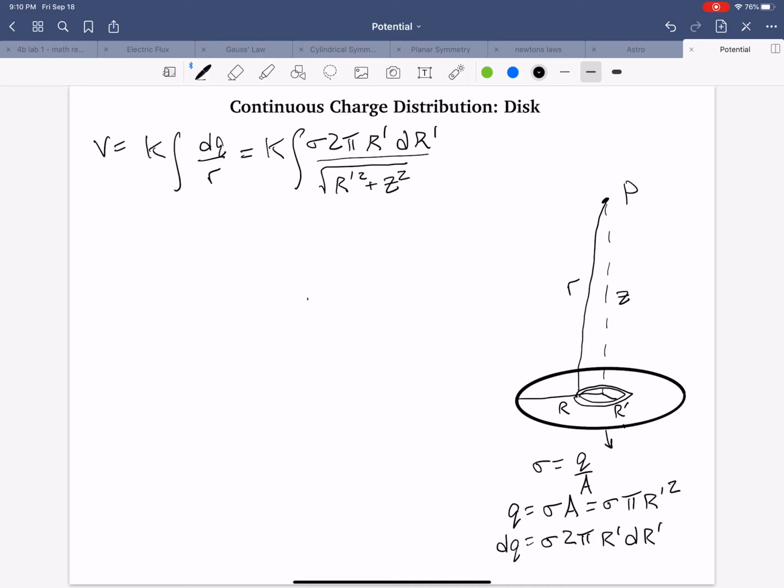Now we have an integral only with respect to r prime. Constants can be brought out, 2 pi k sigma, and it's a rather ugly integral, but that's okay. We need limits from 0 to R.